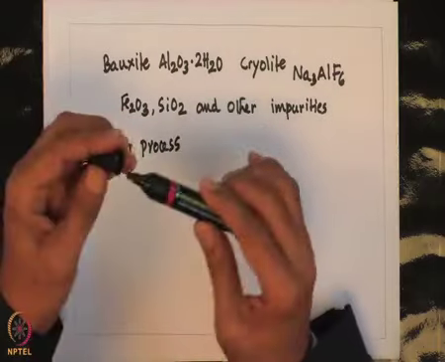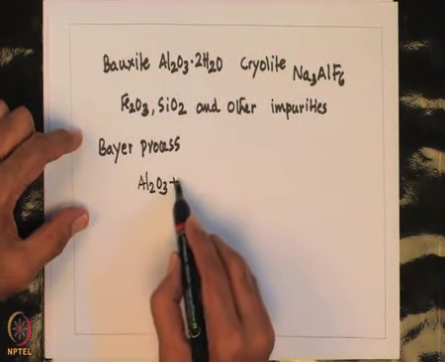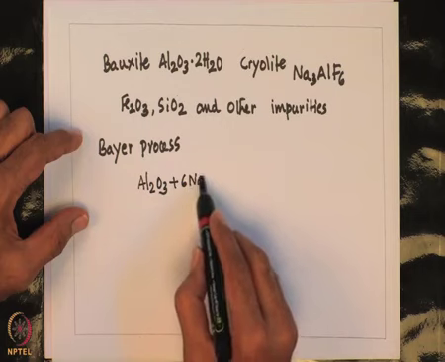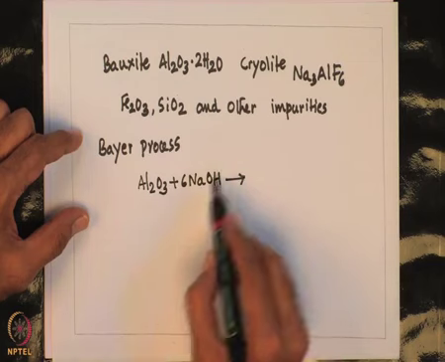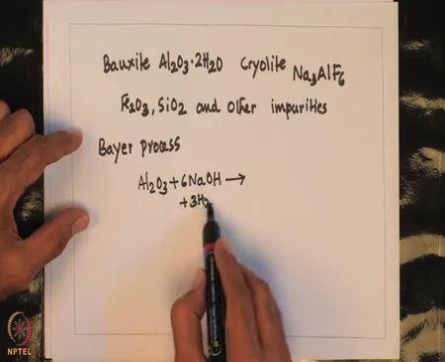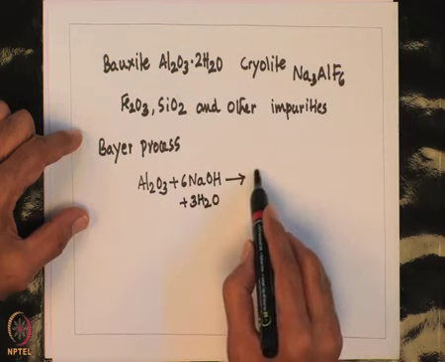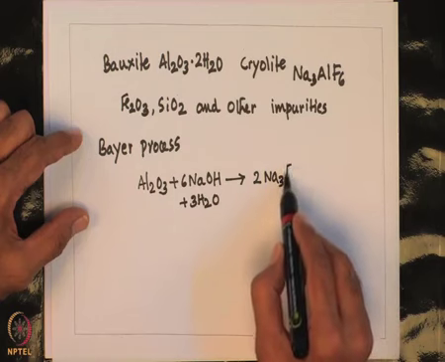So, in this process, initially the bauxite is treated with sodium hydroxide to form sodium aluminate.